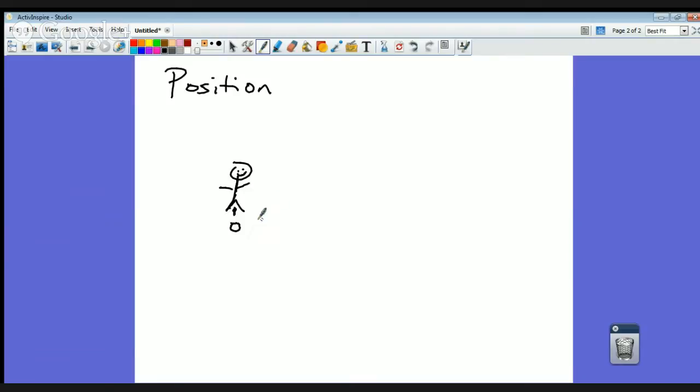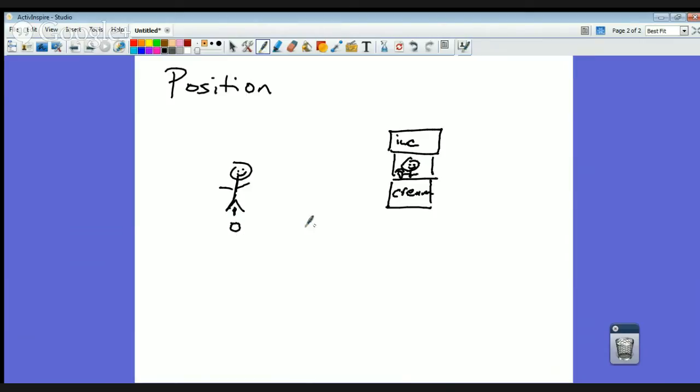I, of course, am interested in knowing where other things are. So, for instance, if there was an ice cream stand, then I'd probably want to know where the ice cream stand was relative to me so I could go and get some delicious ice cream. My position is 0.